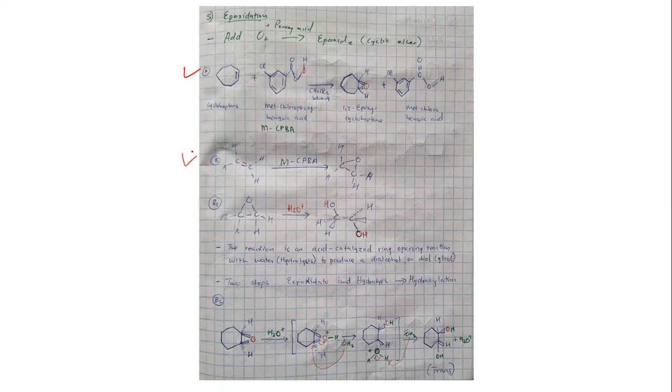So reactions A and B have this similarity: we are adding an alkene to MCPBA. Now let's have a look at the products formed out of these 2 reactions. The product formed here is a cycloether.